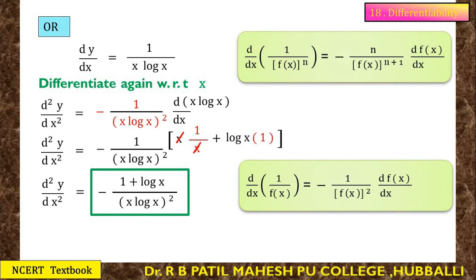So you will get the same answer. If you follow this formula, minus 1 upon function square d by dx of function, you will get the same answer. Here I am not using any quotient rule. This is another way of finding the double derivative of the y function. I hope you understood.